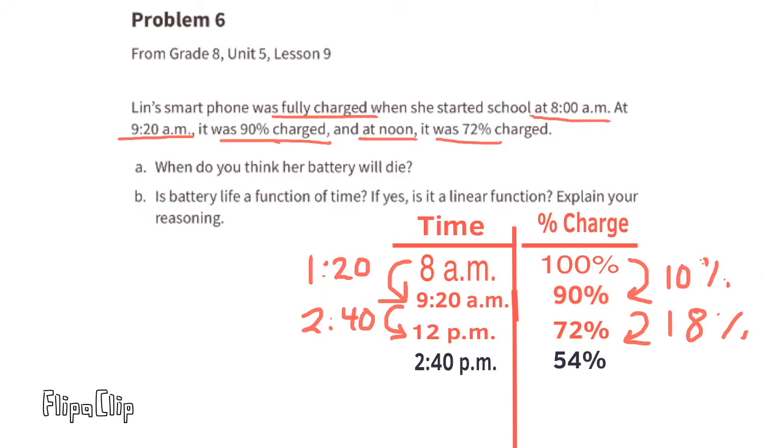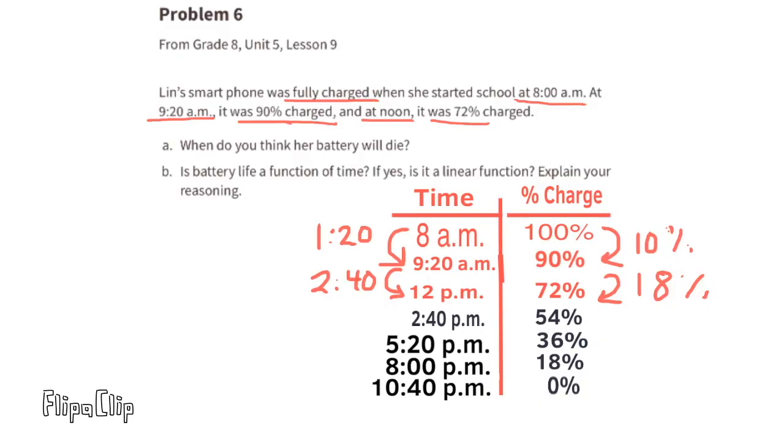Then 54% of the battery would be charged. 2 hours and 40 minutes later at 5:20 p.m., the battery charge would be at 36%. And 2 hours and 40 minutes after that, it would be 8 p.m. and the battery life would only be 18%. And then finally, another 2 hours and 40 minutes later at 10:40 p.m., the last 18% would drain out of the battery. So this is an approximation: approximately 10:40 p.m., the battery would have 0 charge.